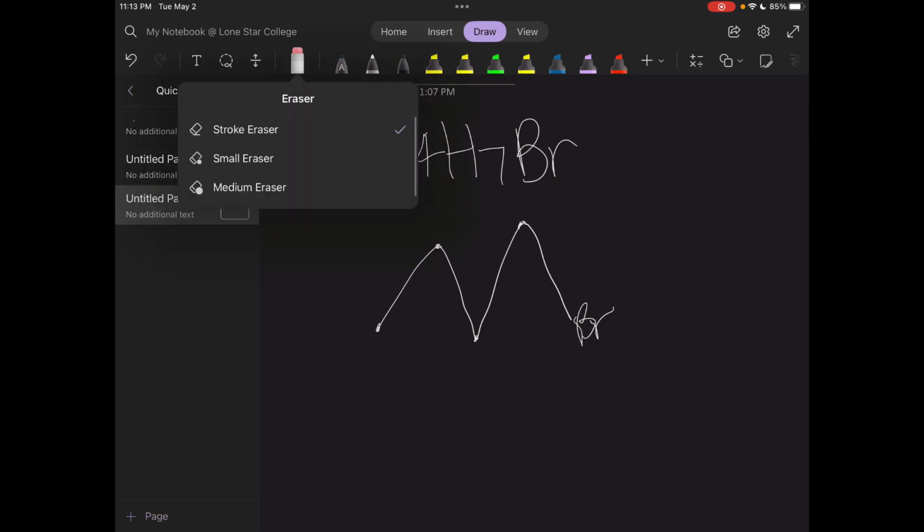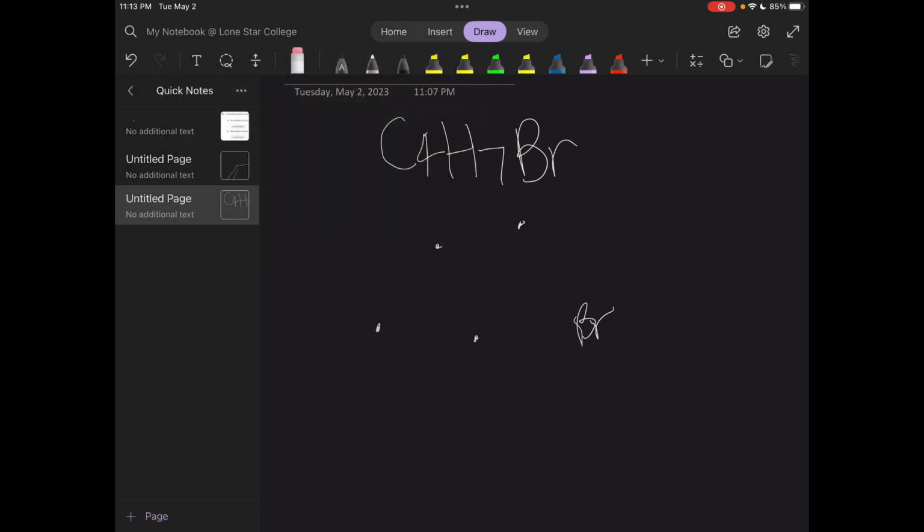Okay, I think I got something. So another way to draw this would be with a double bond. Put the double bond. You put it right here.